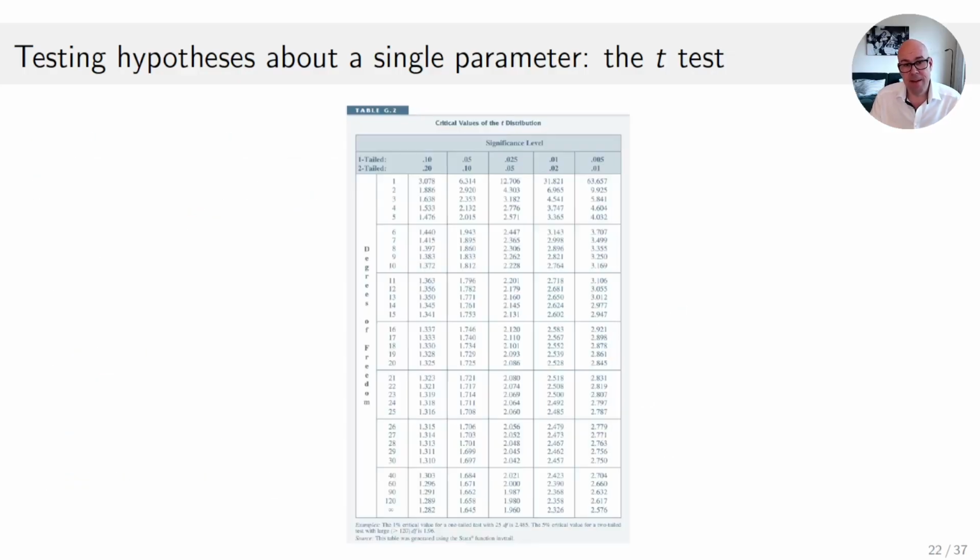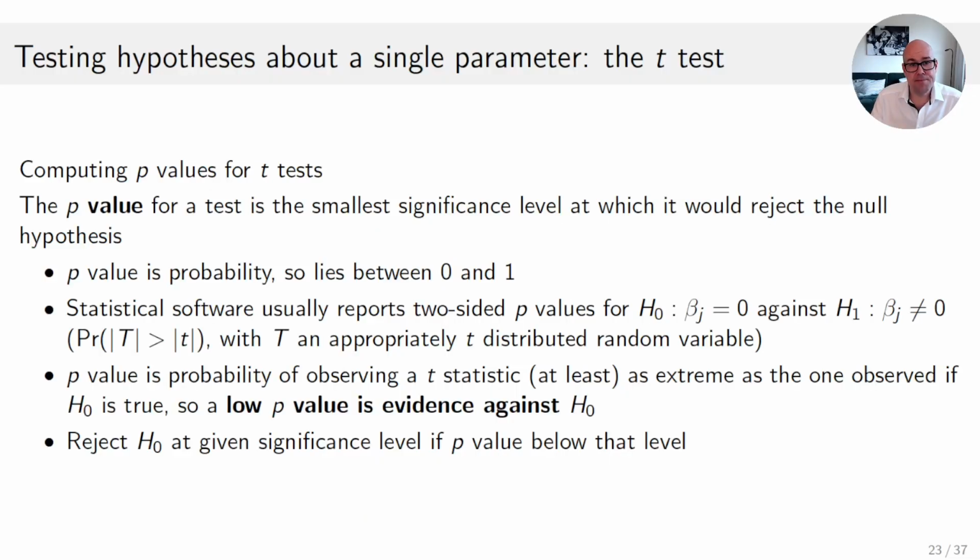And here's again the table that you can look up in the PDF version of the slides to find this yourselves. Good. These were the tests that you can do for one parameter.